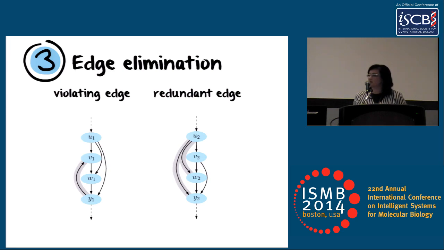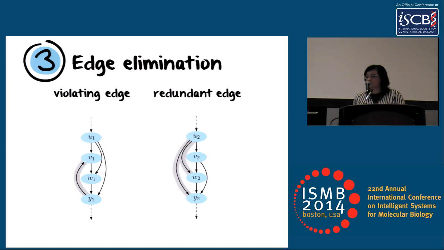So this is a sort of violation, which is shown on the left side. On the right side, we see an example of a redundant edge, for example, the edge between U2 and W2. This edge is redundant in this model because we have evidence of some intermediate gene that acts between these two genes, in this case, V2.